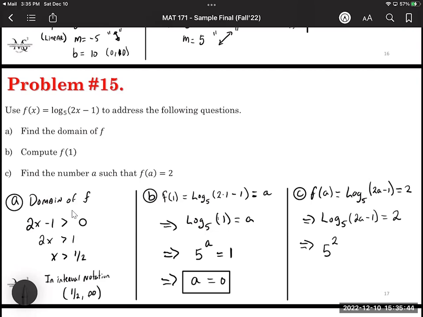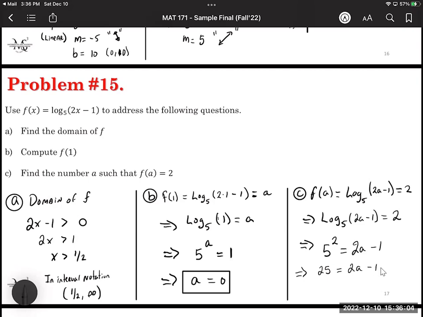So you get 5 squared is equal to 2a minus 1. This is an equation that we can solve, because what is 5 squared? 25. Well, 25 is equal to 2a minus 1.